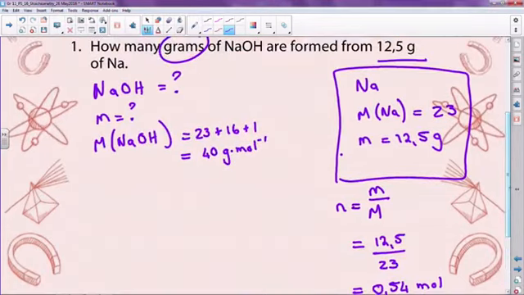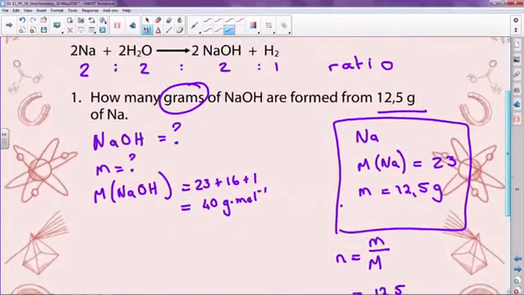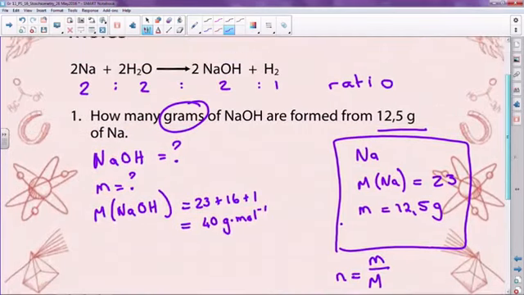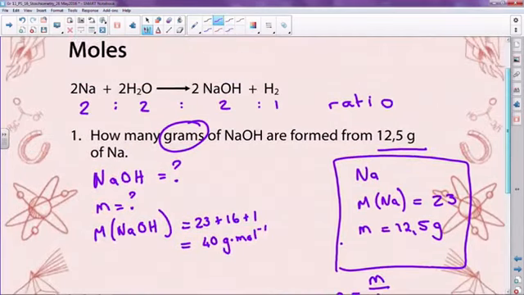Right, now let's go back to our sum. What do we do now? Ratio. Good, well done for those of you who remembered that. I take my 0.54 moles of sodium and put it into my ratio. Because my ratios are the same for the first two, the moles that I use are going to be the same.